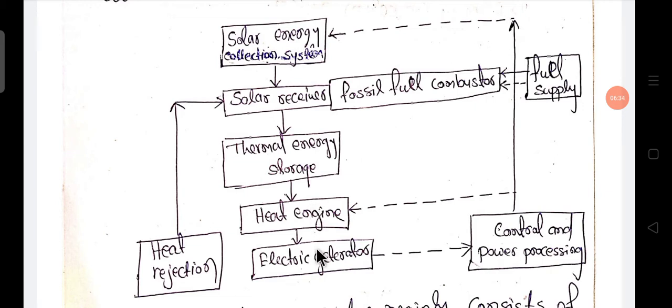That energy is given to the electrical generator, which generates electricity. This whole process is controlled by a processing device called the control and power processing system, that means one system which controls all the stages.